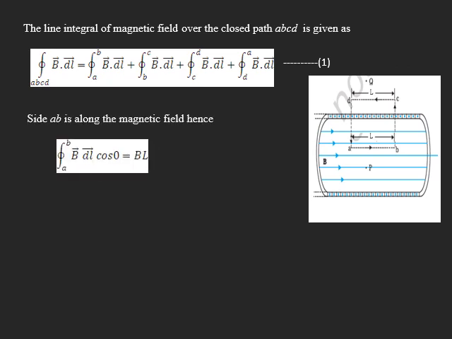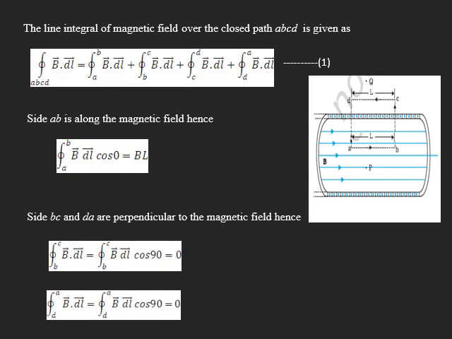Next, side AB is along the magnetic field. So what happens to B dot dl? B dot dl becomes B dl cos theta. Since the magnetic field is along AB, theta becomes 0. So we will have the equation B dl cos 0, which is equal to B into L, where L is the length of AB.